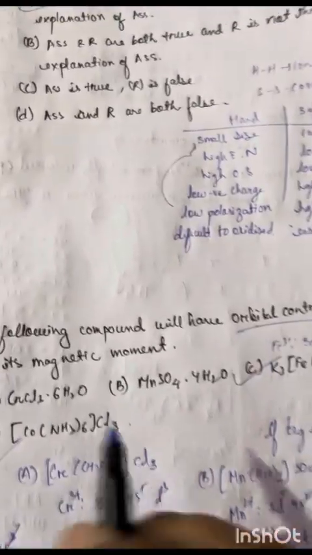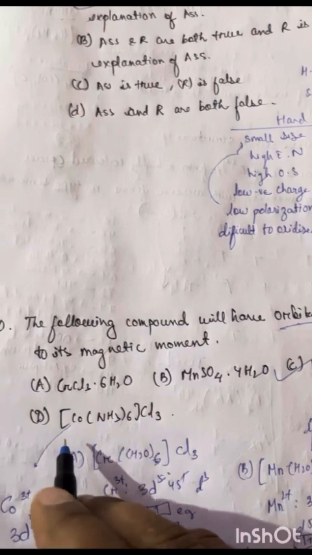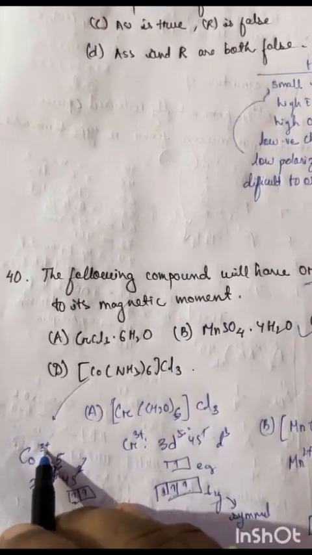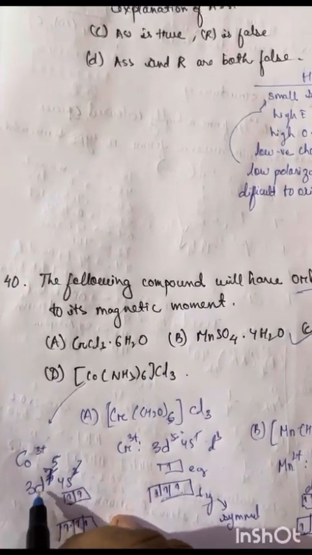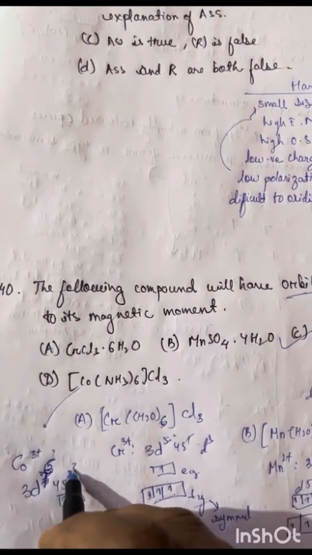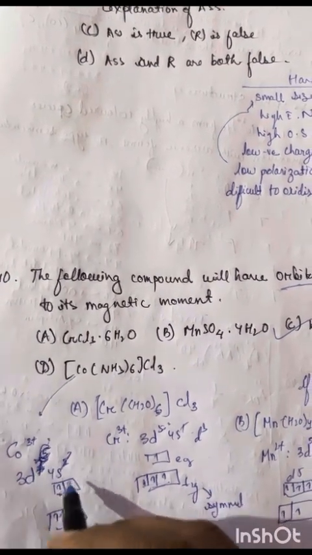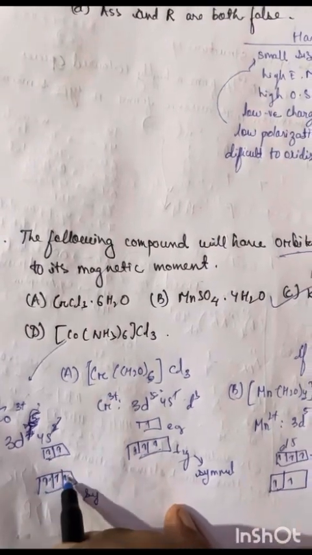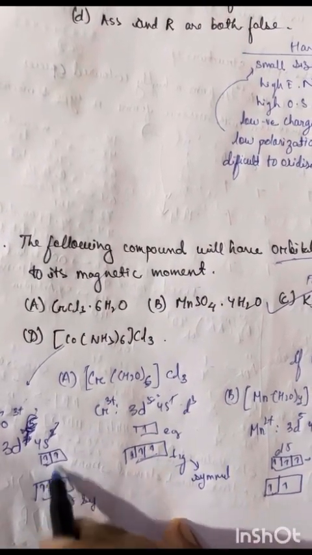Now let's check for this cobalt complex, CoSO4 with 6. Here we see Co3 plus, it should be 3d6, right. 2 gone, from here 1 gone, it will be 6, right, not 5, 6. Then 1, 2, 3, 4, 1, 2, 3, 4, 5.